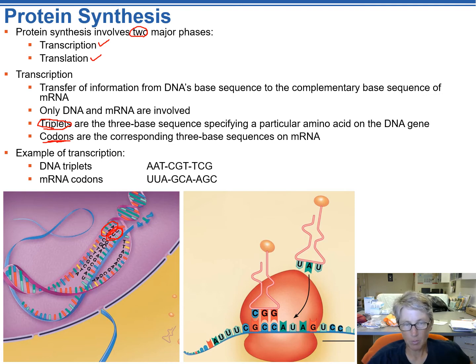So on DNA, if you had triplets AAT, CGT, and TGC, when you made your messenger RNA codons, remember, A in DNA would bind with a T, but not in RNA.